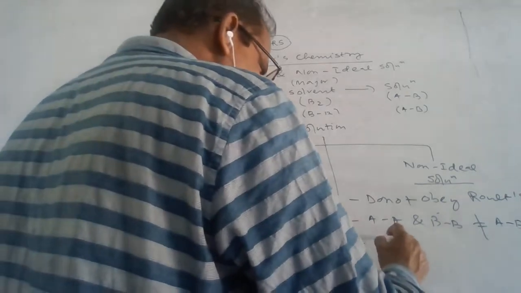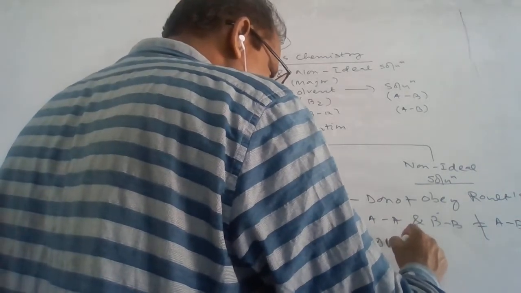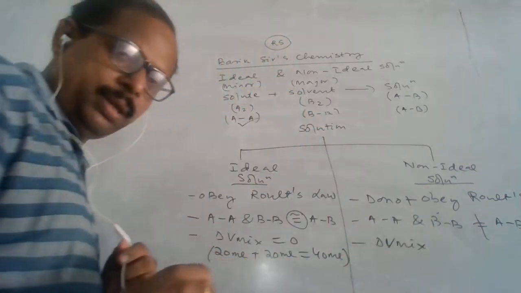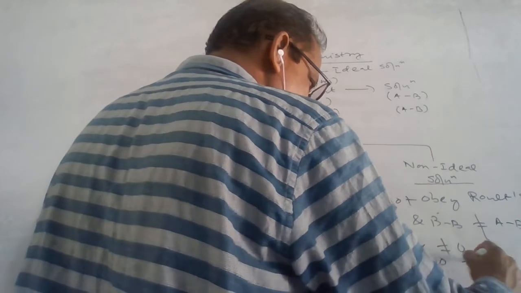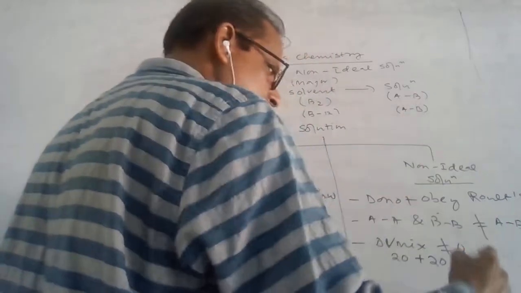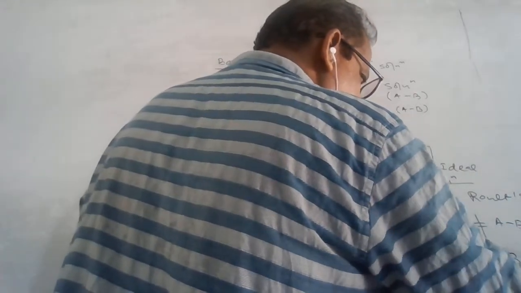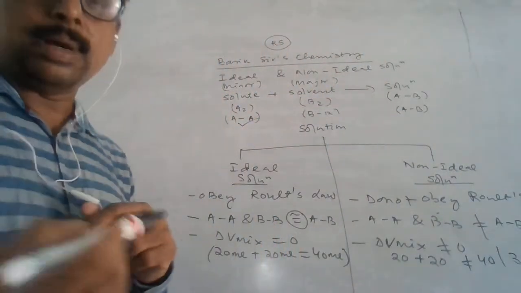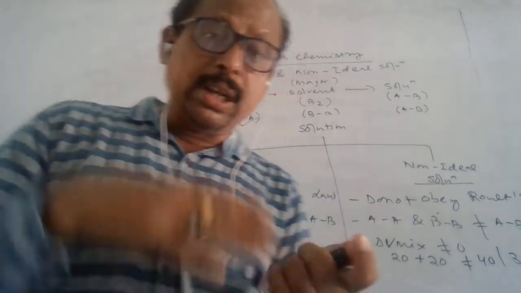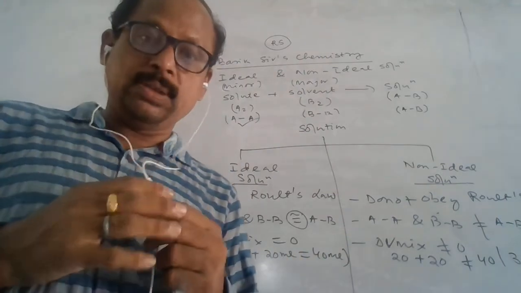But in this case, delta V mixing is not equal to 0. That means 20 ml plus 20 ml is not equal to 40 ml. It may be 35 ml or 45 ml, approximately. So it may increase or it may decrease.